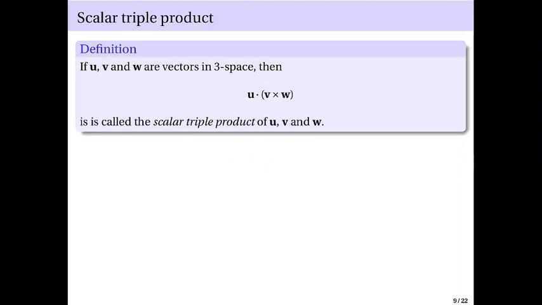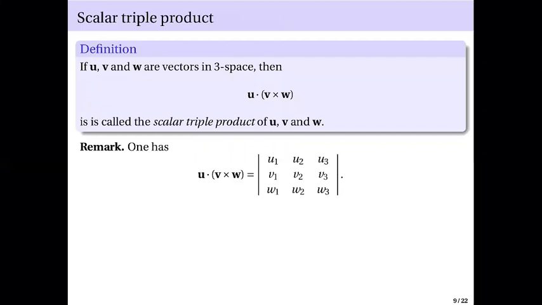Now, unlike the vector triple product, this scalar triple product can be calculated easily using this formula. U dot v cross w is just the determinant of the matrix with these entries.